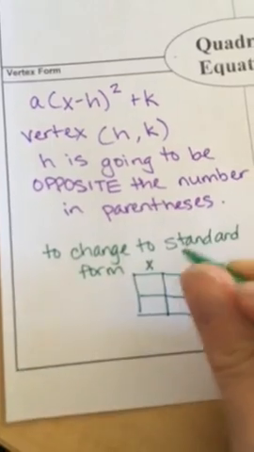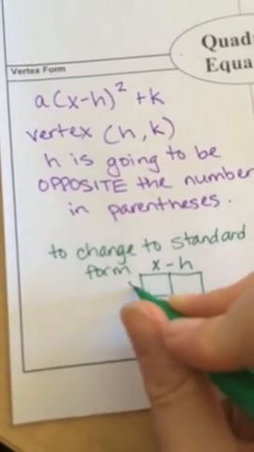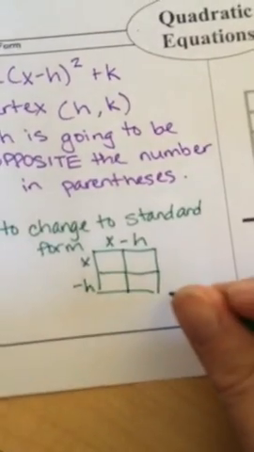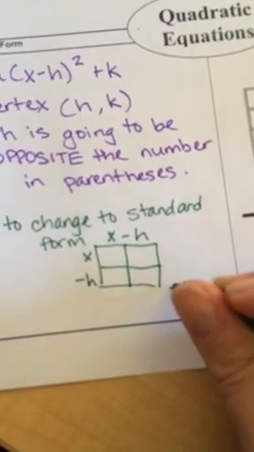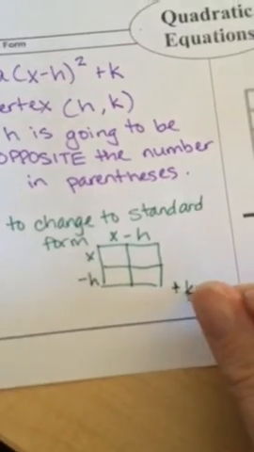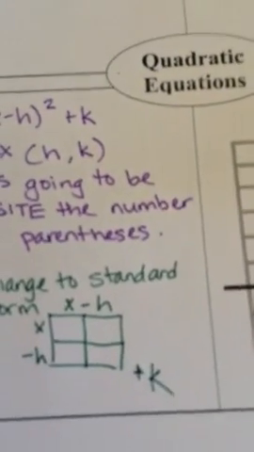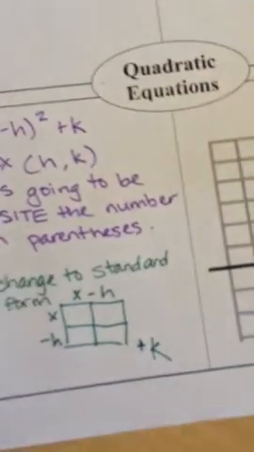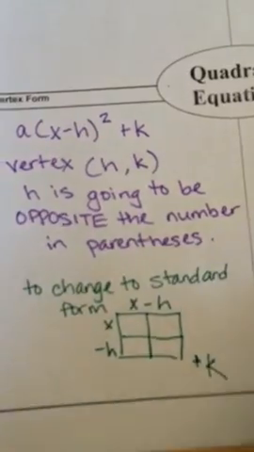So I'm going to have (x minus h) and (x minus h). So I'm going to fill in my box. And then I'm going to have plus k over here. And so instead of h and k, I'll use my numbers. Okay.